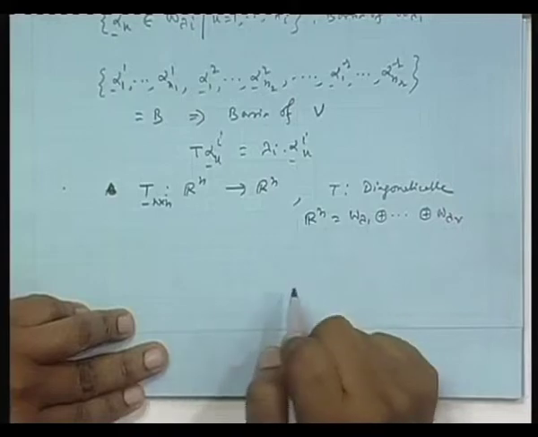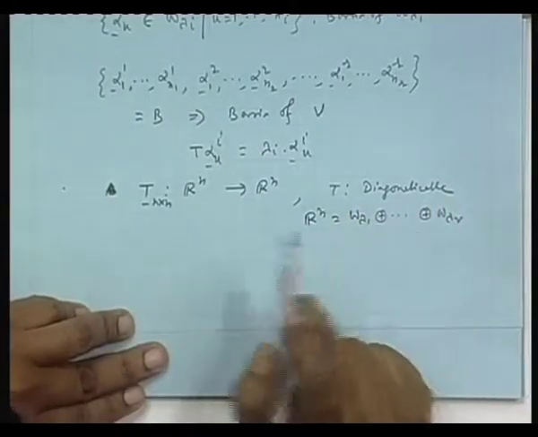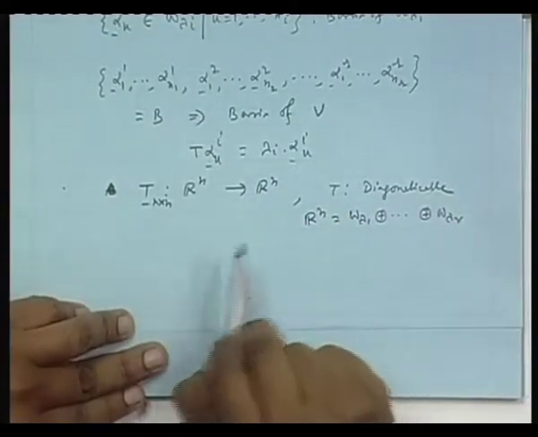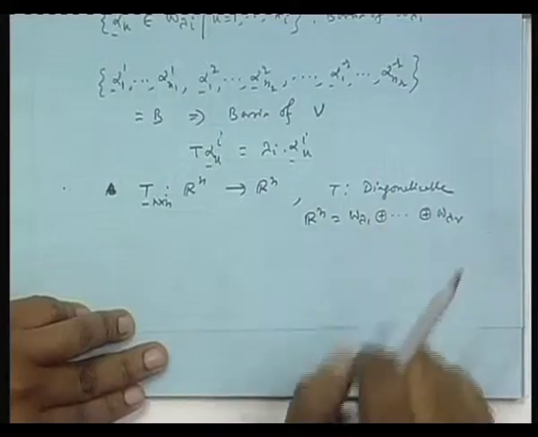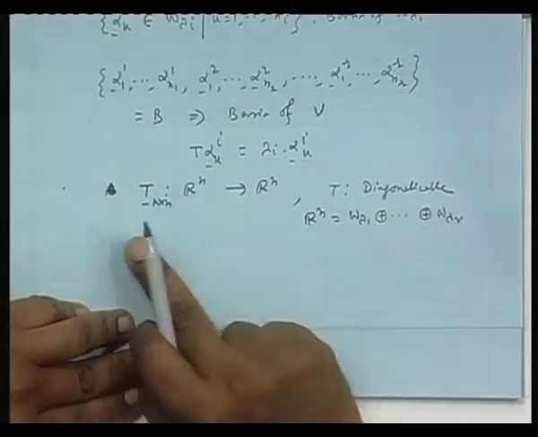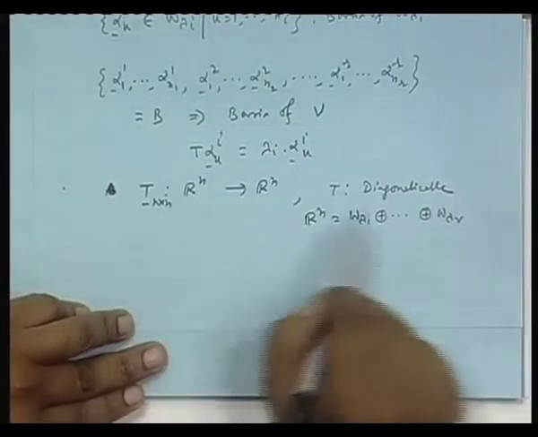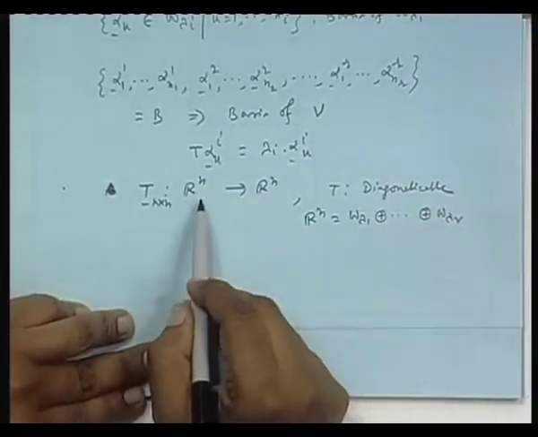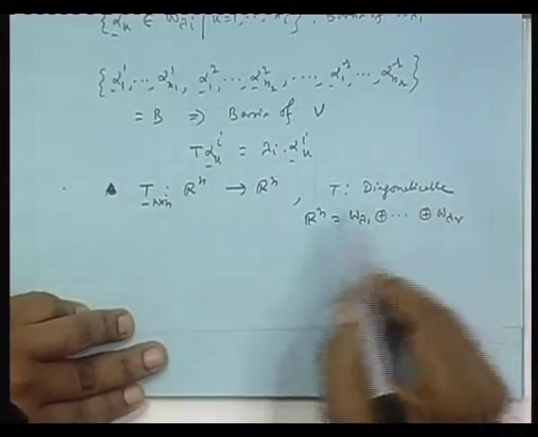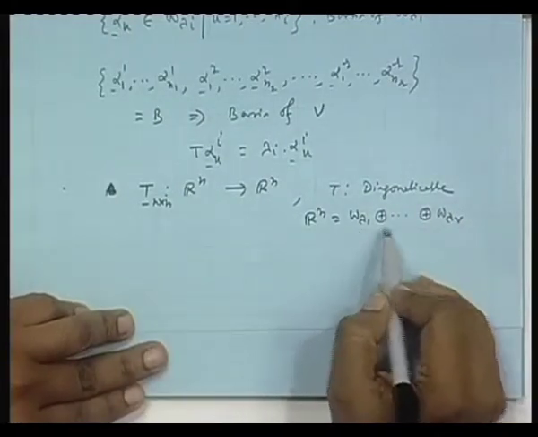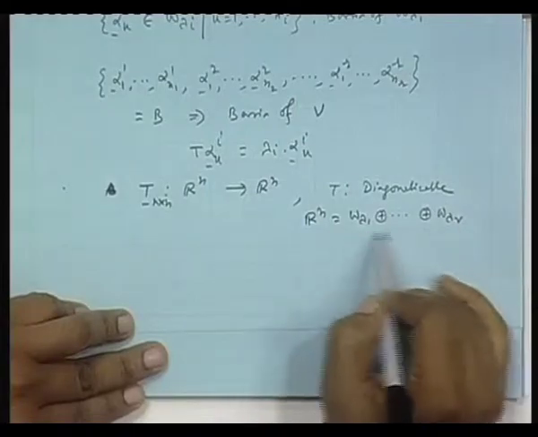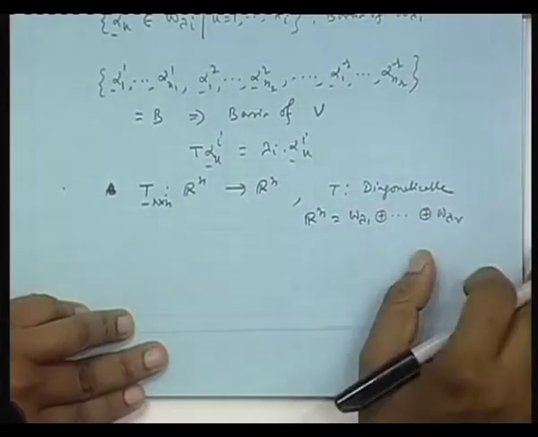Everything same as before, only thing is we have given a specific structure to the operator and to the vectors. So, vectors are all of column vector type of length n, and the operator is a square matrix of size n cross n. And given that T is diagonalizable, which means the vector space R n can be written as a direct sum of the various eigen subspaces corresponding to distinct eigenvalues. This is given to you.